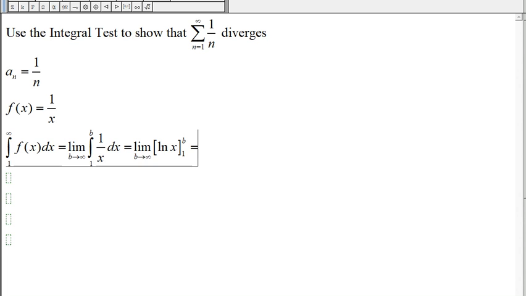So this becomes the limit as b approaches infinity of, plugging in b here, ln of b minus ln of 1. As b approaches infinity, ln of b will approach infinity also, and ln of 1 is just 0. We get infinity.